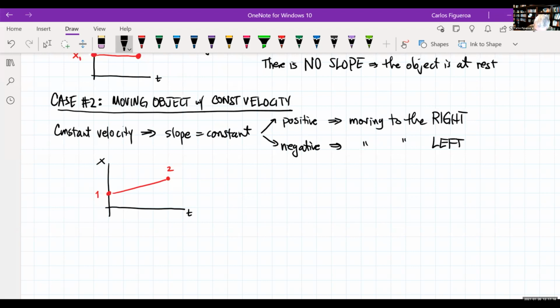Well, this point here is really x1, and this point right here is really x2. So note that there's a line right here that looks something like this. If I look at my line, from here to here, that purple line represents that I have 0 velocity.